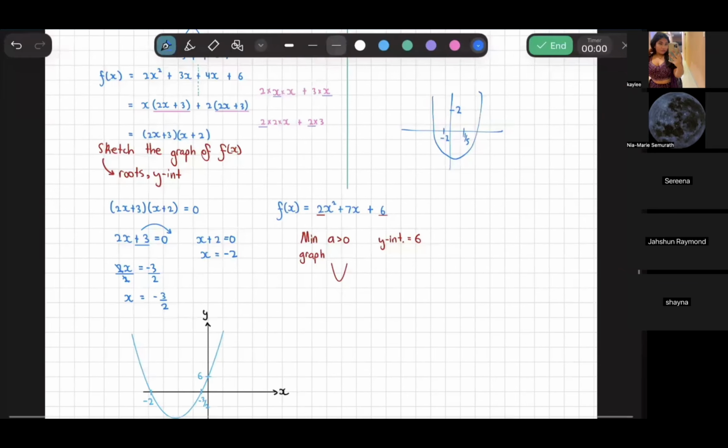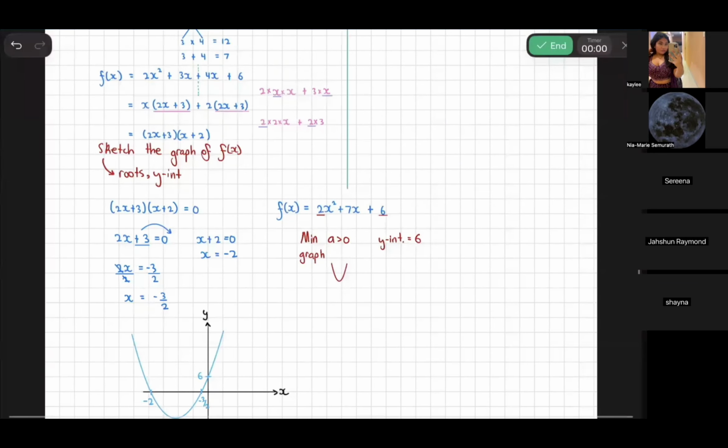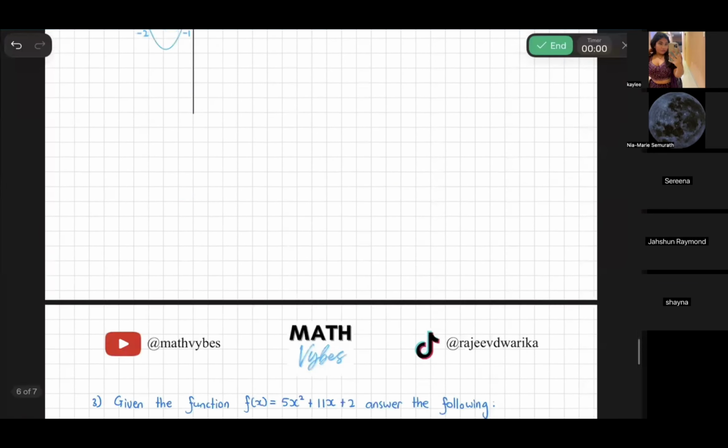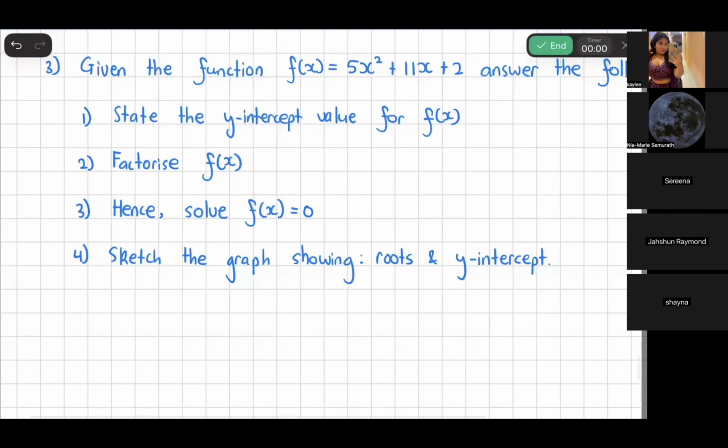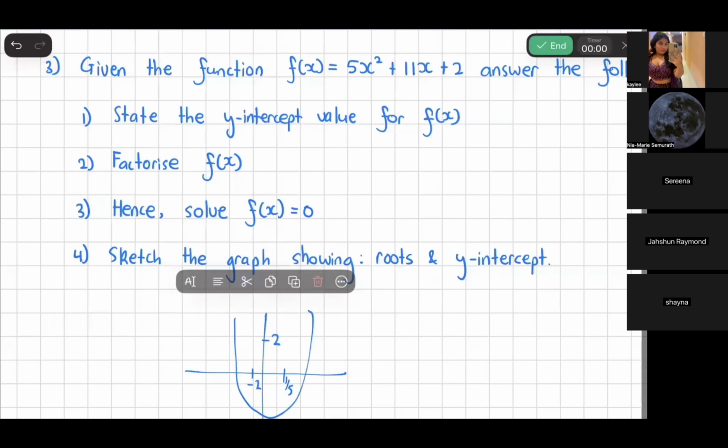Do you know what the 2 stands for? The y. The y what? The y-intercept. The y-intercept is where the graph is doing what? When it reaches the point where it cuts the y-axis.